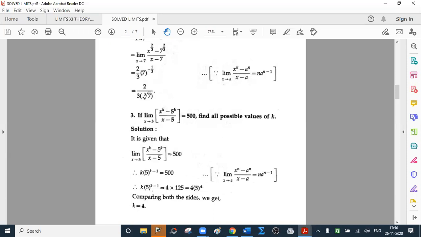So k into 5 raised to k minus 1 is 500. Now I can write 500 as what? 4 into 125. Why write this as 4 into 125 only? So that I can further write this as 4 into 5 raised to 5 minus 1, so that we can compare these two. So what is the final answer? K equal to 4.